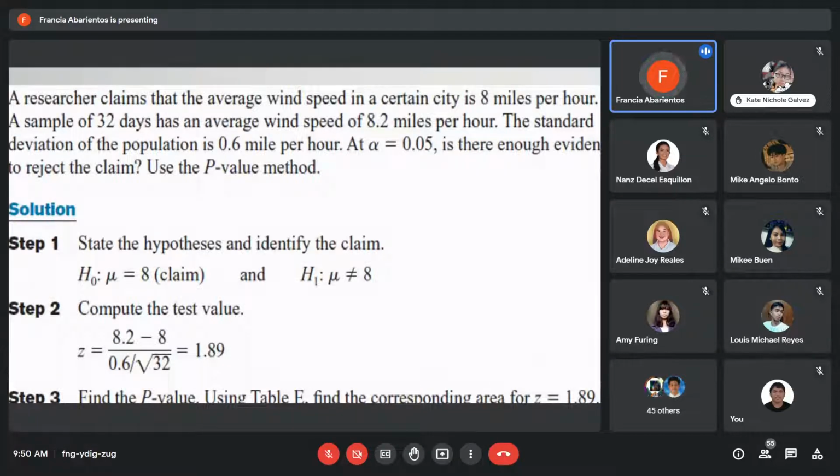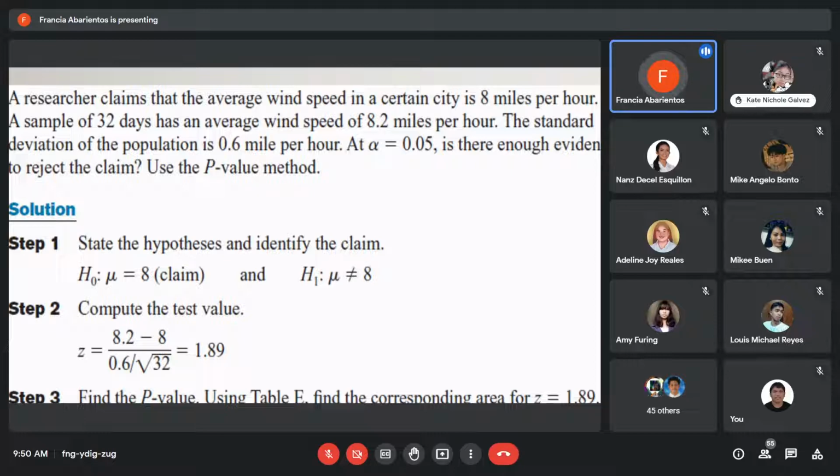Use the p-value. So, we need to state first our claim. So, the average wind speed natin is 8, and that is our claim. So, the null hypothesis, the alternative hypothesis now is not equal to 8.